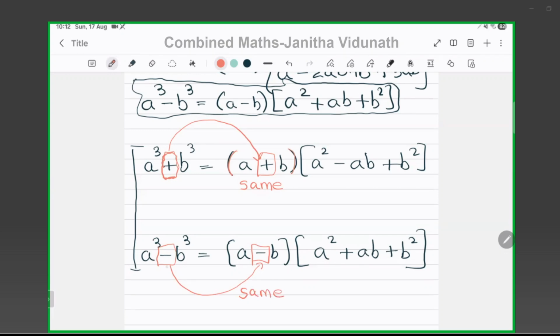If we have a minus sign, then the first bracket has a minus sign. Then if we observe the second sign, the plus sign becomes a minus sign, and the first sign of the second term, the minus sign, becomes a plus sign. So for both factorization formulas, the second sign is opposite.